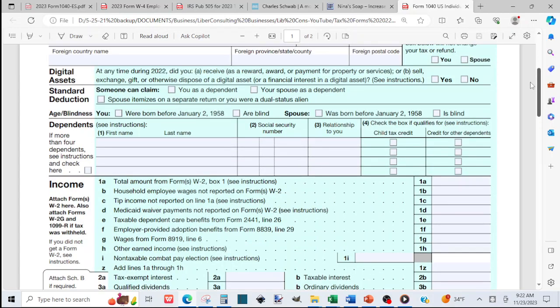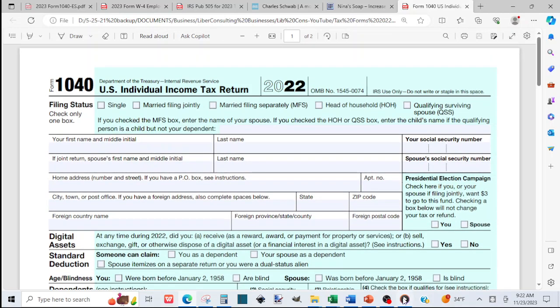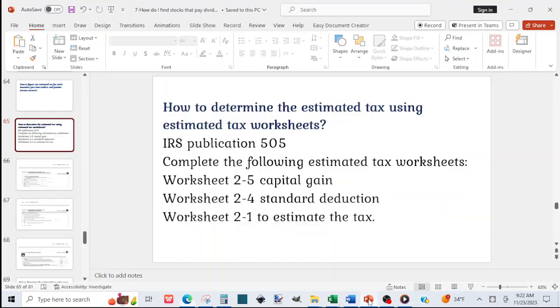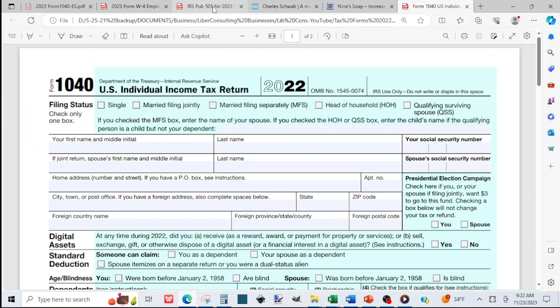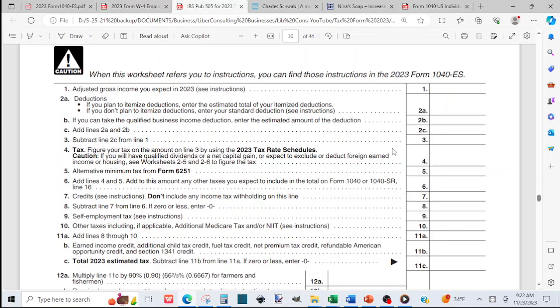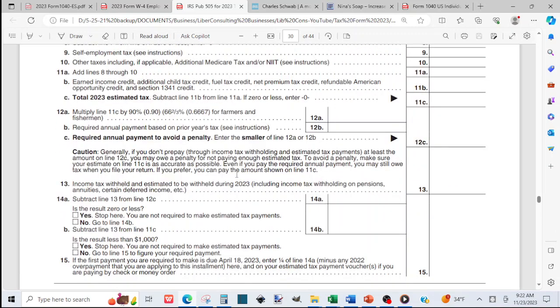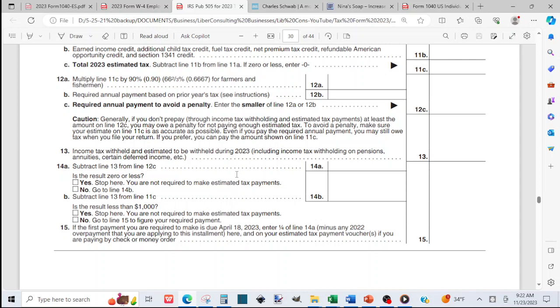You just complete the form, and we are going to talk about the tax rate schedule later too for the second option, but you just complete the form and you'll be able to determine the estimated tax payment.